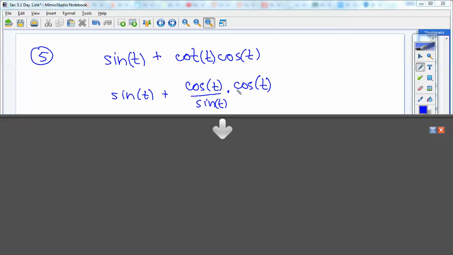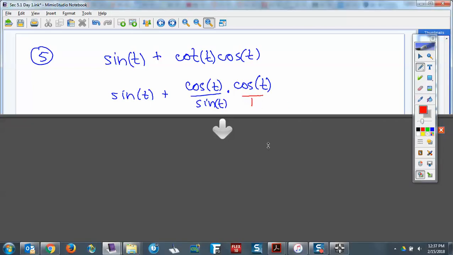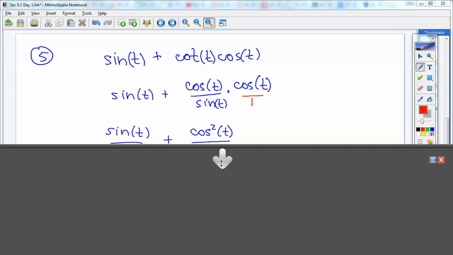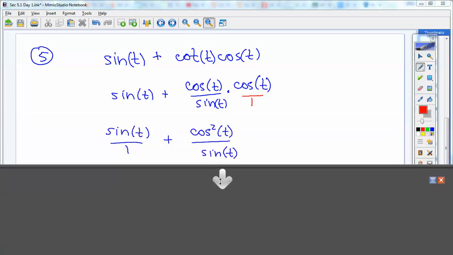This is attached to this cosine, and we can put a 1 underneath this cosine. You just multiply the tops and multiply the bottoms, you don't need common denominators there. So cosine times cosine would be cosine squared over sine.